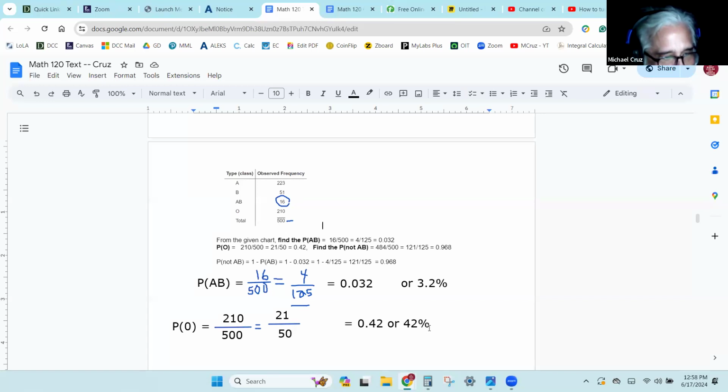All right, so the next one is find the probability of not AB. I'm going to do this one a couple of different ways just to show you about the complement rule, to remind you about it. So down here is 500.